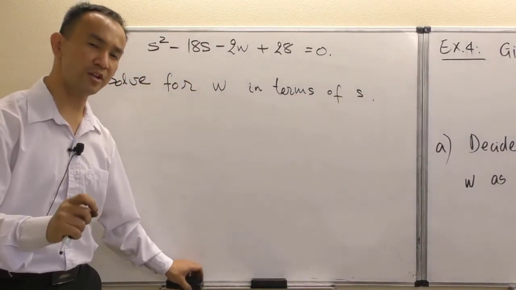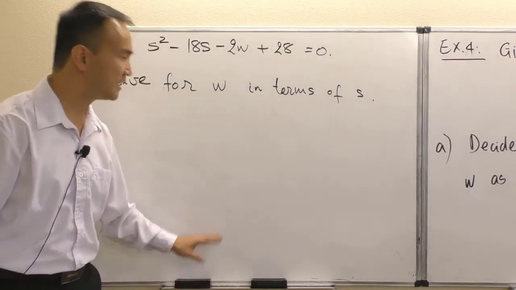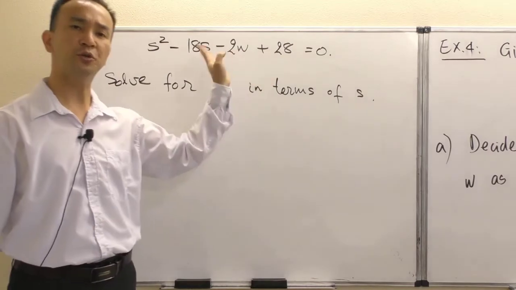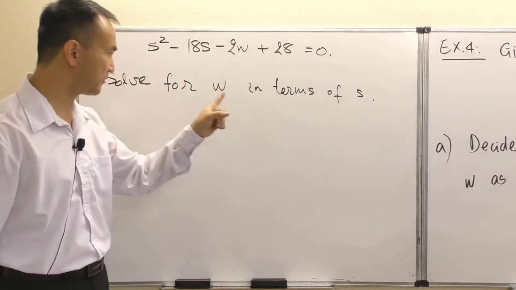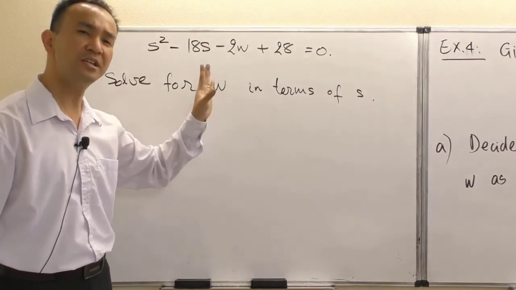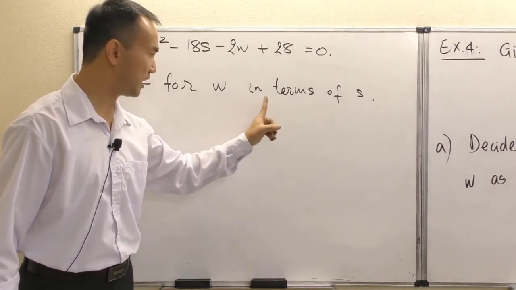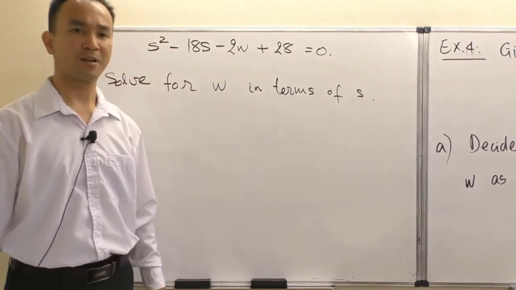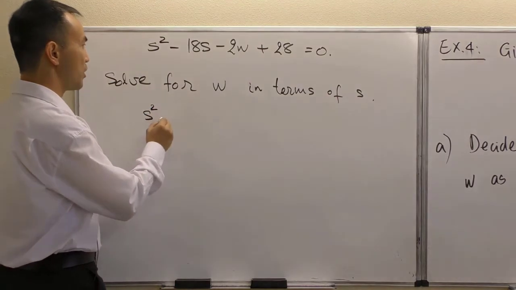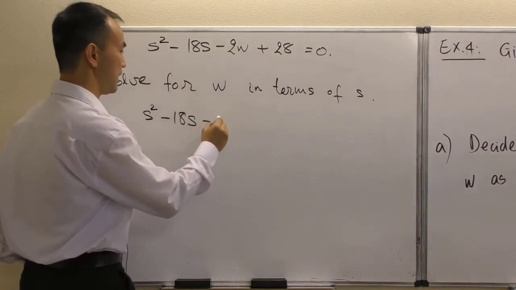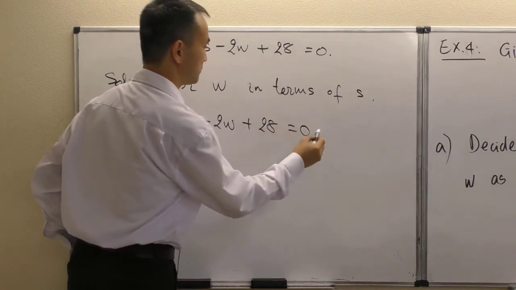This is where you need to bring back skills you learned prior to entering this course. You have an equation that involves two or more variables, and you pick one variable and solve for it. Here we are asked to pick w and solve for w in terms of s. So our equation is s squared minus 18s minus 2w plus 28 equals 0.